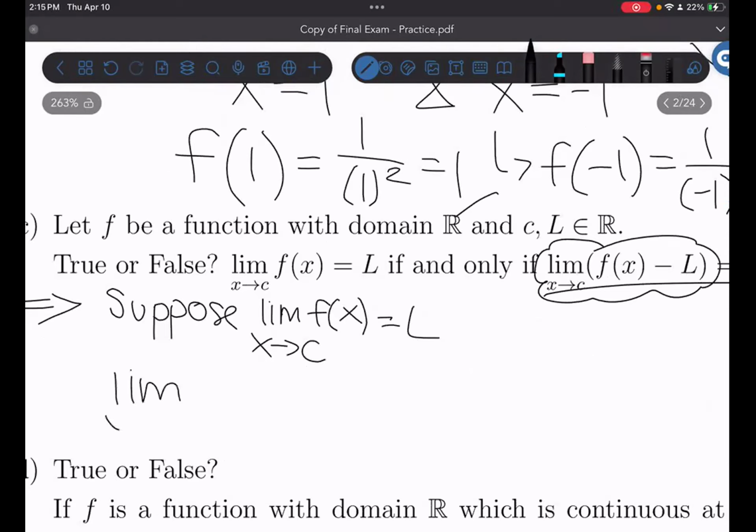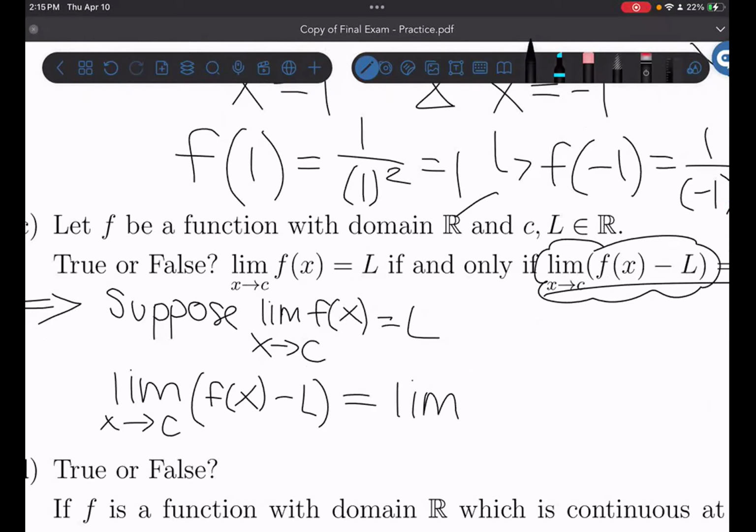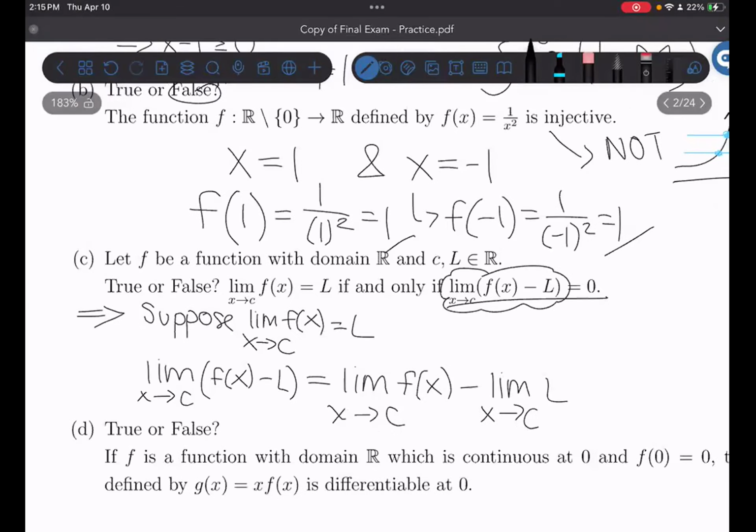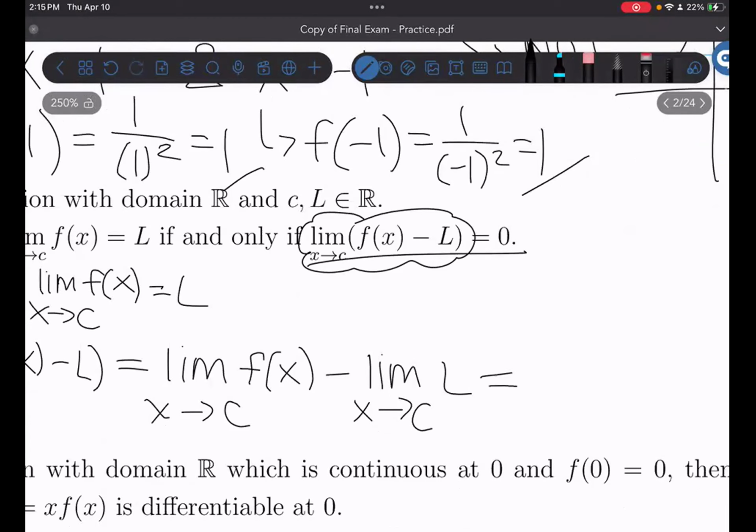This is where the limit laws come in handy, because we can split this into two different limits: the limit of f of x as x approaches c, minus the limit of L as x approaches c.